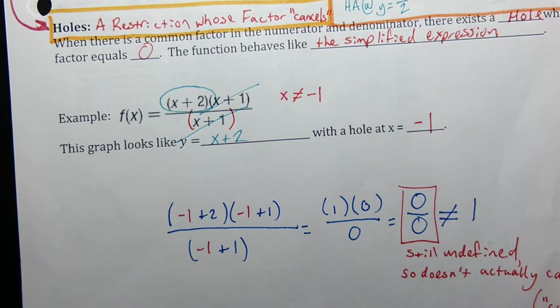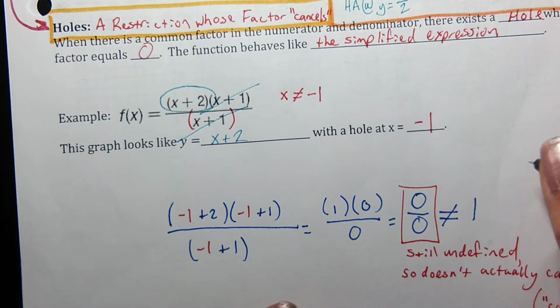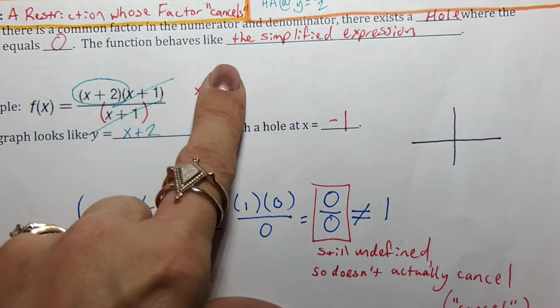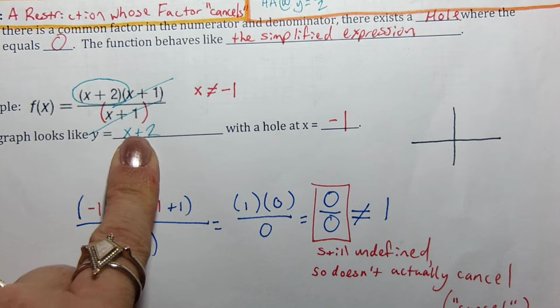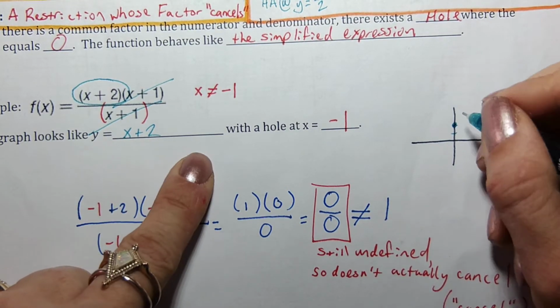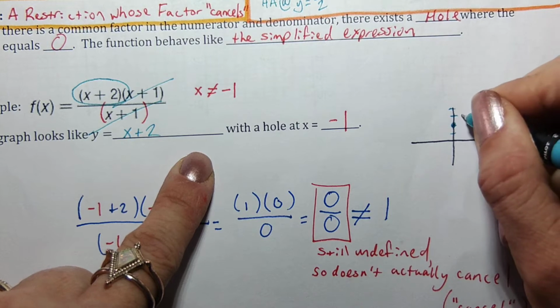So I'm going to go ahead and just sketch what this looks like. Y equals x plus 2 would be a line with a y-intercept of 2 and a slope of 1. Up 1, over 1.